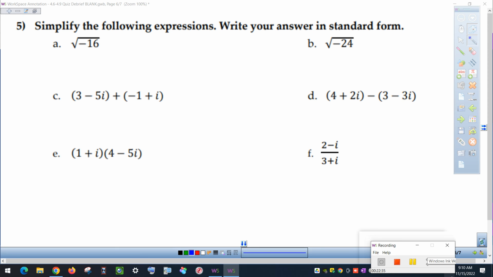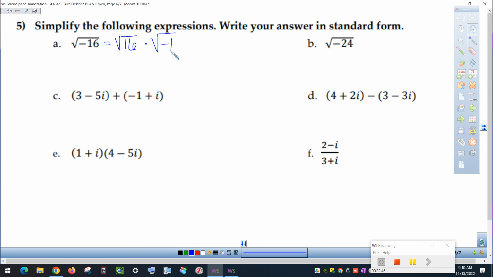All right, so the first thing that we can take a look at in part A is to think about how can we write this so that it's not the square root of a negative? And so we can actually split this up to be the square root of 16 multiplied by the square root of negative 1. So always pull that negative out.